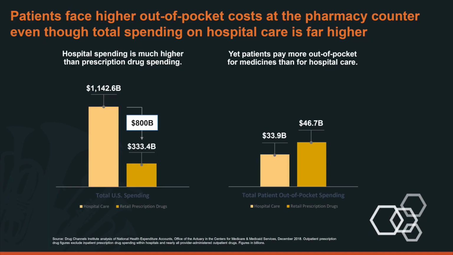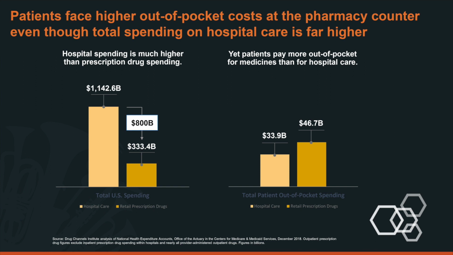All right, so let's take a look at some data or some analysis that was provided on the grand scale of spending on hospital care versus out-of-pocket retail prescription drug costs. Patients face higher out-of-pocket costs at the pharmacy counter, even though the U.S. total spend is more so on hospital care than those retail prescription drugs. All right, so let's look at this data analysis and these graphs. The one on the left is our total U.S. spend.